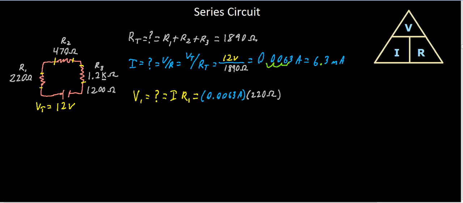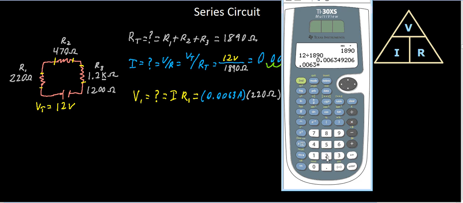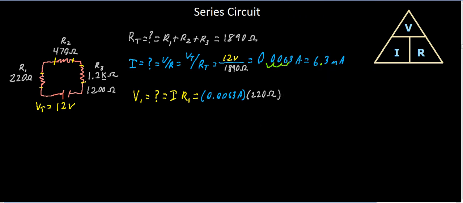Then we'll plug this into our handy-dandy calculator. We get 0.0063 times 220 ohms. And what do we get? We get 1.386. Let's go ahead and round that to 1.4 volts. What about voltage drop 2? What is the voltage drop across resistor 2?